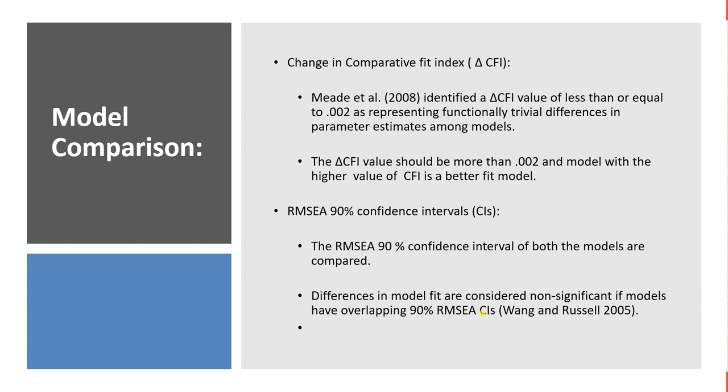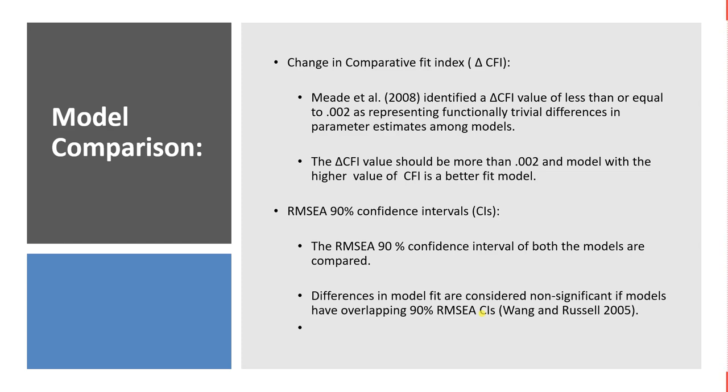And if delta CFI is less than or equal to 0.002, then it represents a trivial, negligible difference in the parameter estimates among the models. So the models are not different. But if this delta CFI is greater than 0.002, then we can say that the modification has resulted in a better model fit.